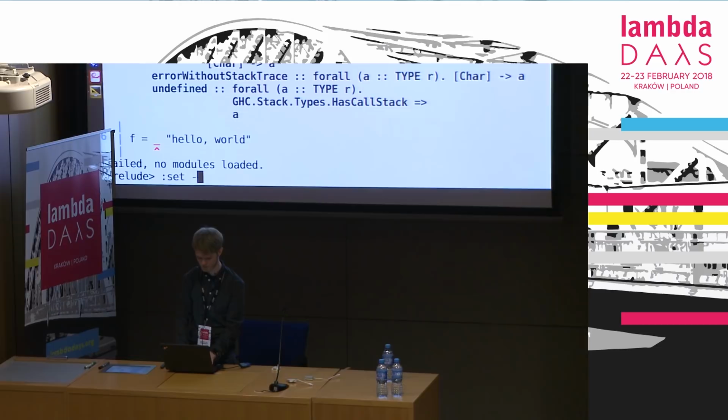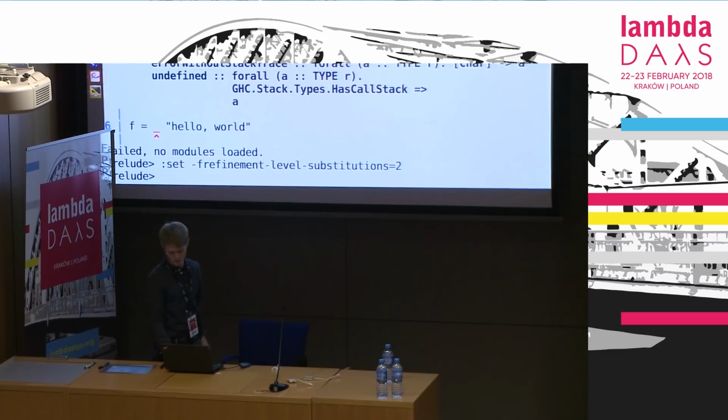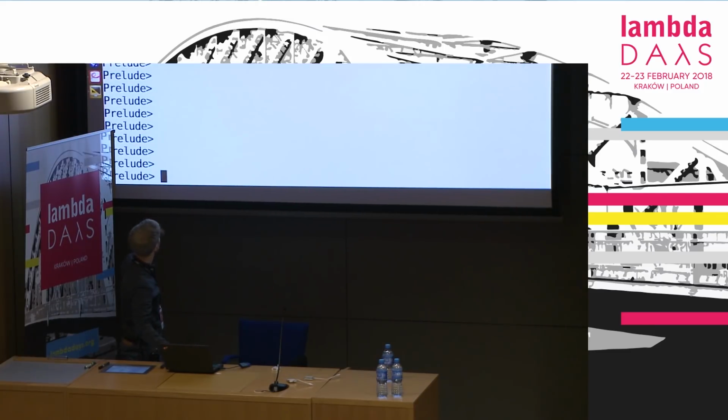We do that by setting a flag called refinement-level-substitutions equals 2, and this will tell it, when you encounter a hole, don't only give me the valid substitutions, also search for these refinement level substitutions.